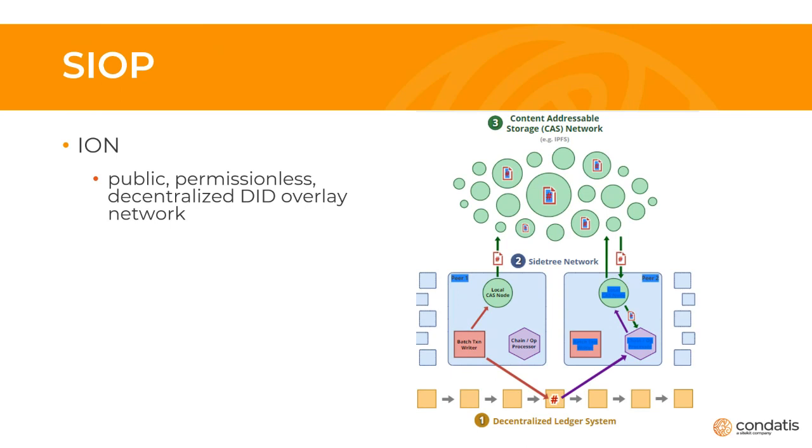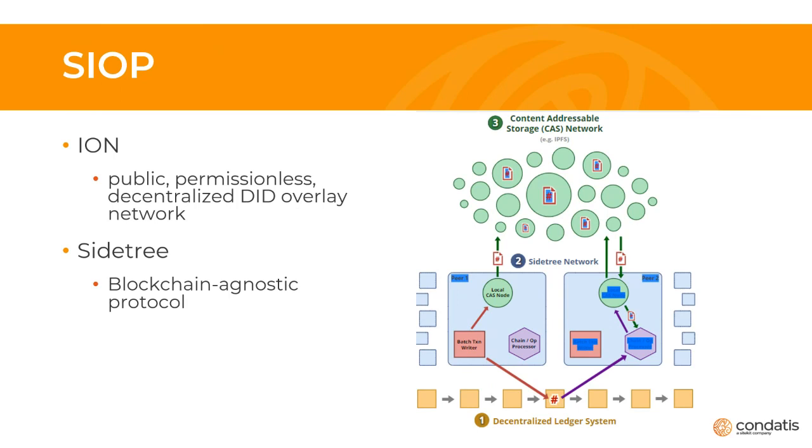The Identity Overlay Network is a public, permissionless, decentralized DID overlay network that runs on top of Bitcoin, and it leverages the SideTree protocol. SideTree is a blockchain agnostic protocol that was designed to support a globally scalable, immutable append-only log with no central provider or authorities, so this is censorship and tamper resistant. This is accomplished by leveraging decentralized ledger technology to support and distribute public key infrastructure.